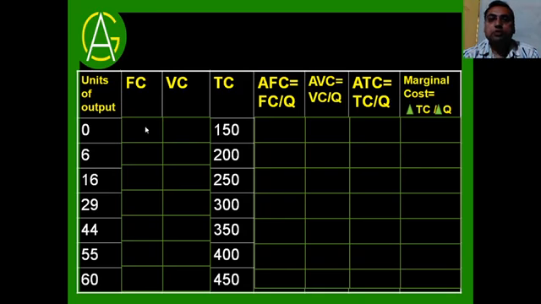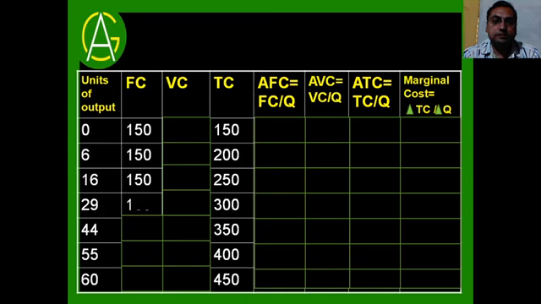So we have to put 150 at the fixed cost. Here 150 is fixed cost, but you also know that fixed cost is always fixed. So for all the units of output fixed cost will remain 150, so we can write down 150 here. So for every unit 150 is the fixed cost.